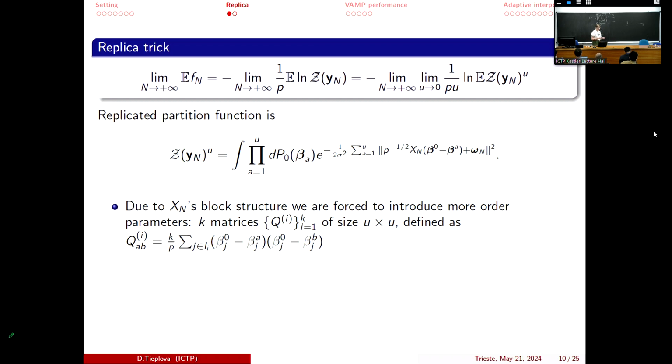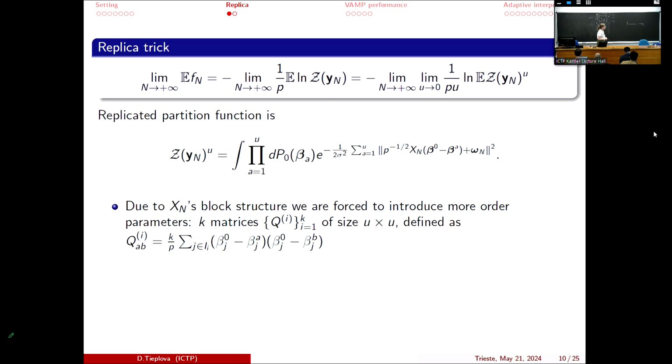Now, to calculate this integral, mostly we want to get rid of this infinite number of parameters, because each replica has p different parameters to integrate over, right? So for this, we are introducing some order parameters of efficient statistics. Each of them is a matrix u by u.